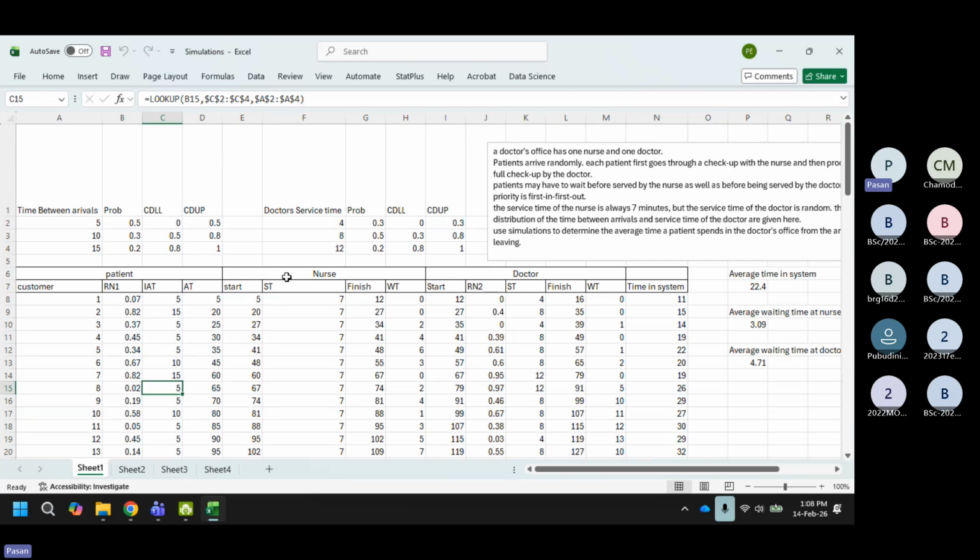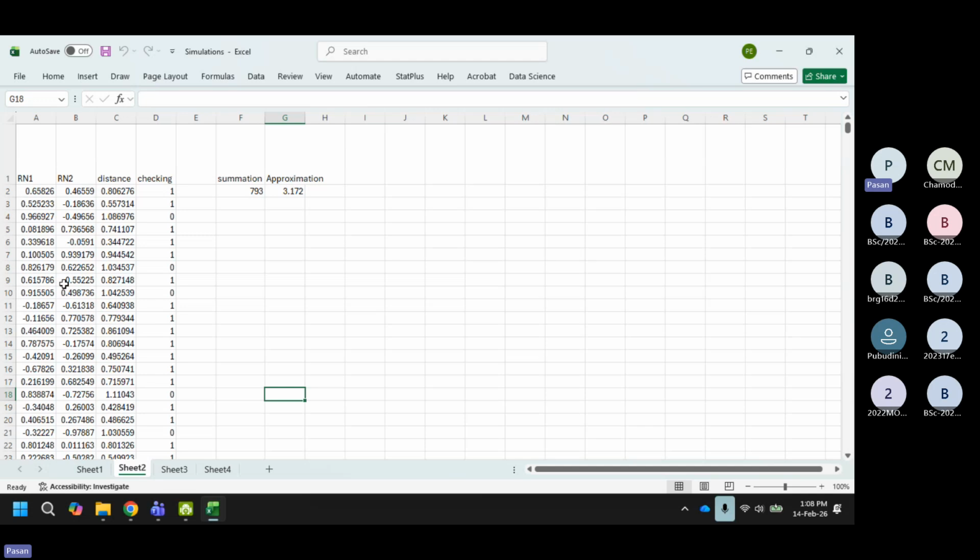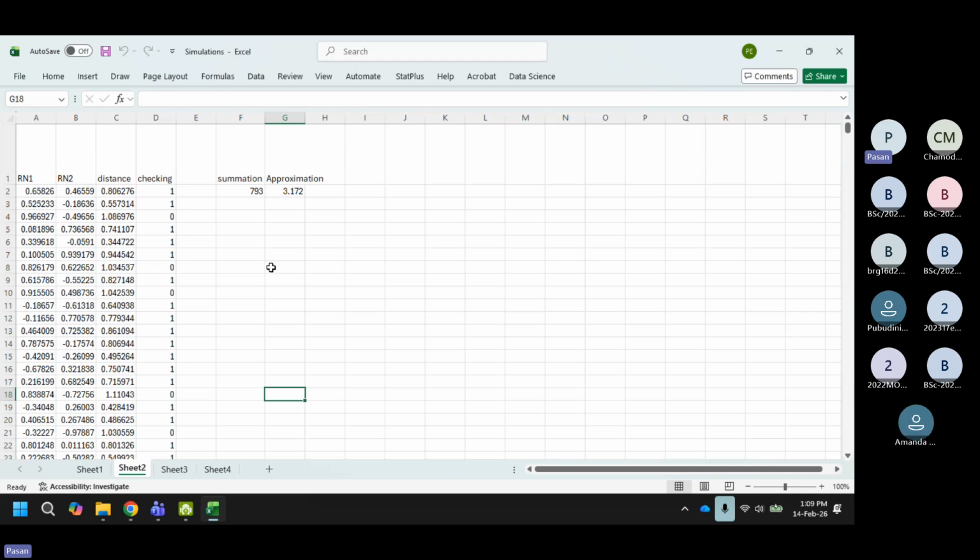Right. So I think last time I started talking about this example, right? So we basically started from here and discussed the simulations, right? So we identified the concept of the simulations and then using our concept of the random numbers, we can approximate certain things.